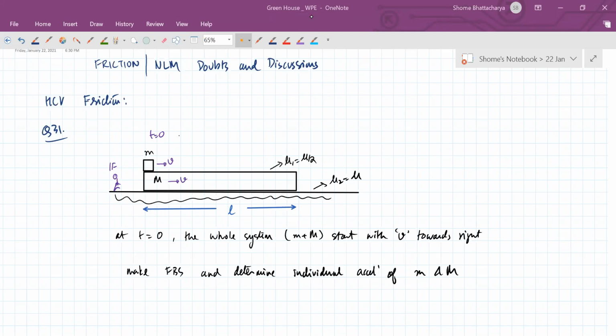When I say individual accelerations of these two, I will make the FBDs in the ground frame for both of them.